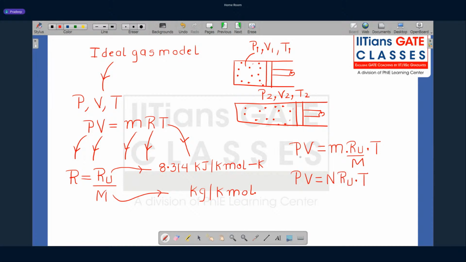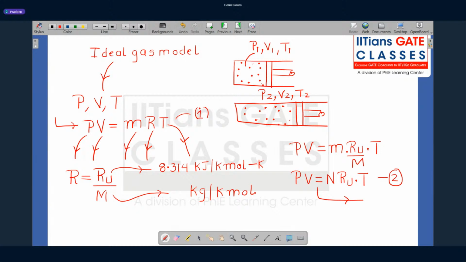So these are the two equations. One equation is this for the ideal gas, where the mass is specified in kgs. This is the other equation where we solve the ideal gas relations by using the number of moles. This is the first relation, this is the second relation.